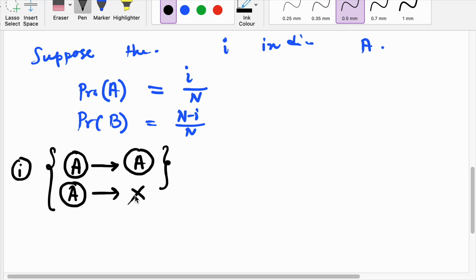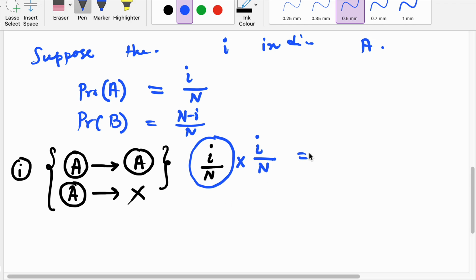A is reproducing one individual and I kill another A individual. So in that process I have to pick two A individuals. One is responsible for replicating or producing one A individual, and one individual I am taking for randomly eliminating from the population. So with what probability will this happen? This will happen with i squared by n squared.